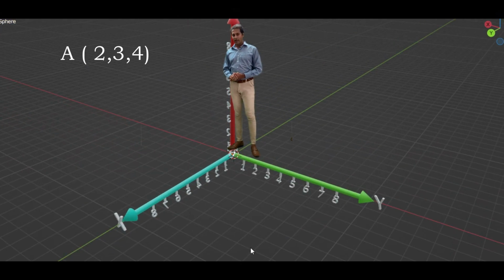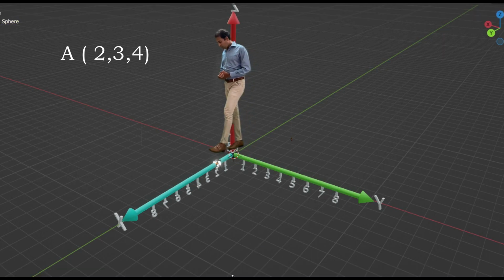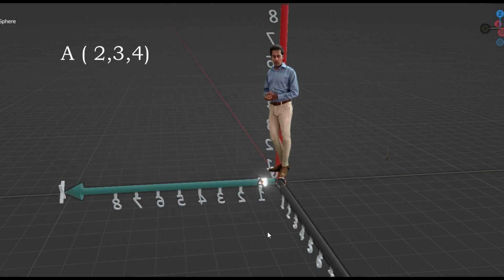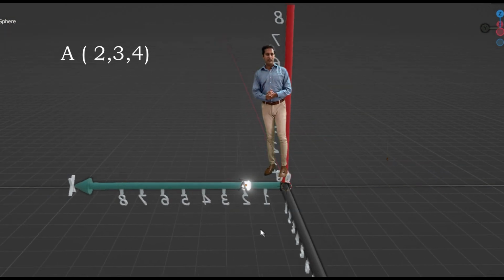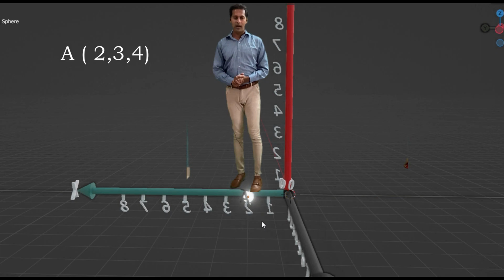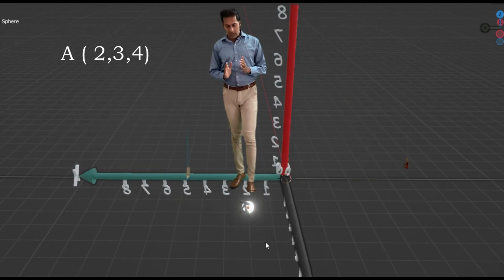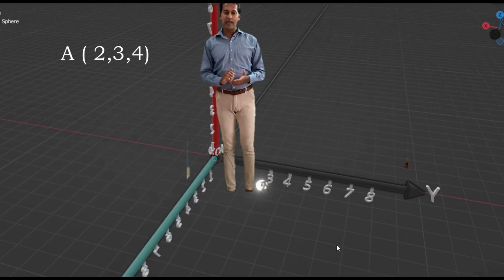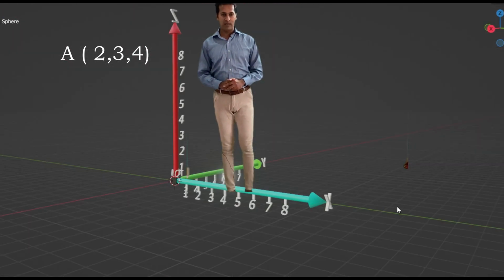That means the coordinate of x is 2. We have to move 2 positions on x. After two positions on x, we have to move on the y axis. The y coordinate is 3. After going 3 positions on the y axis, we have to get the height on the z axis.